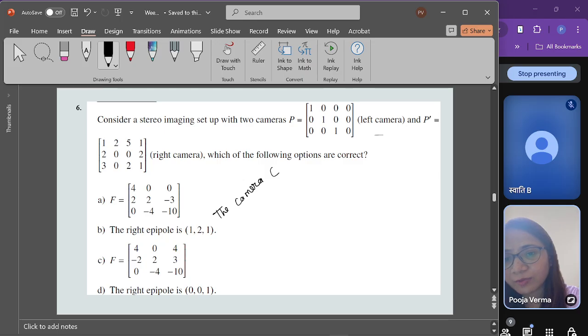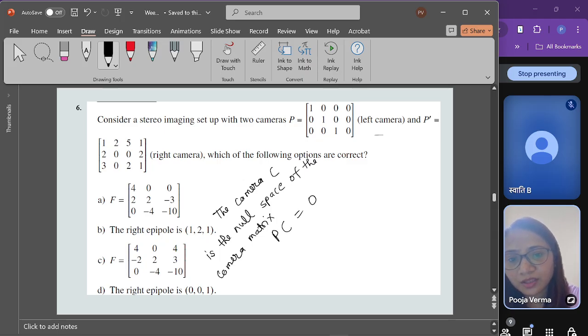So the camera center C, what is it? Already we know that it is the null space of the camera matrix, and that is calculated by P C is equal to 0.